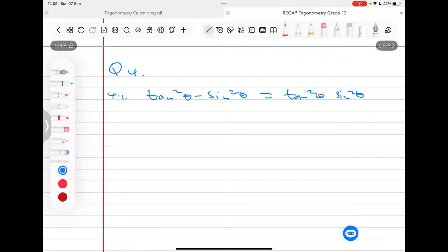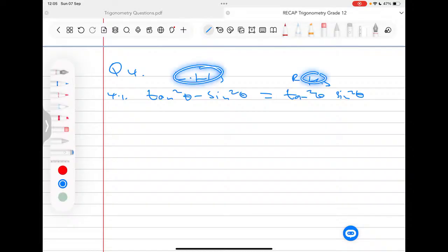Now, when we deal with proof of identities, we actually have the left hand side and the right hand side. We are required to prove that these two sides are indeed equal, or the same. So normally the tip here would be to take the side that is most complicated, because then it gives you an opportunity to simplify it.